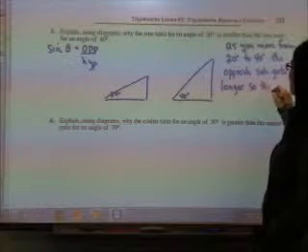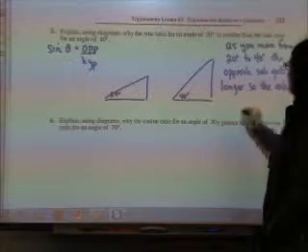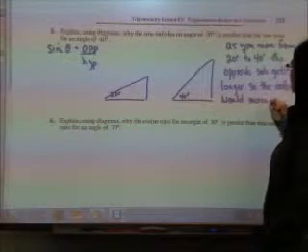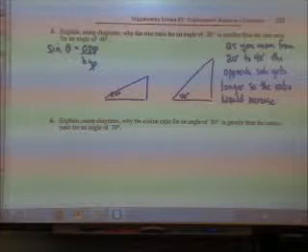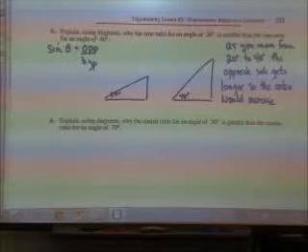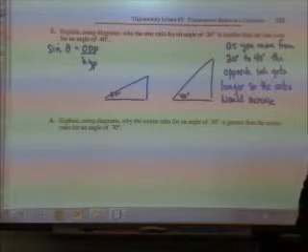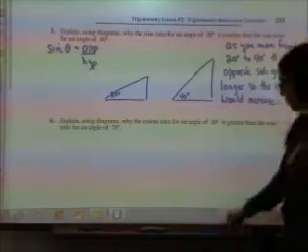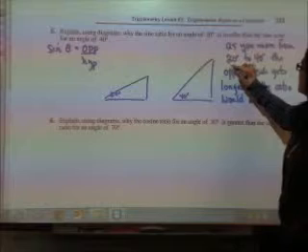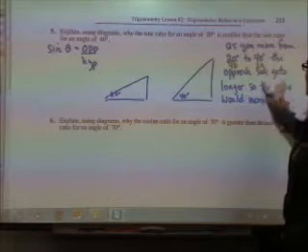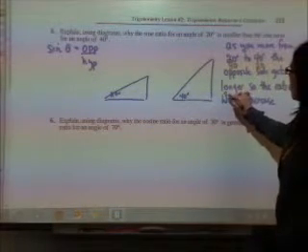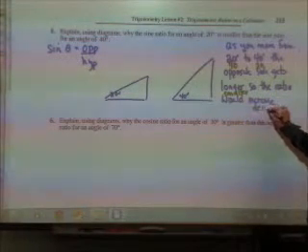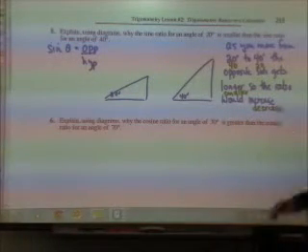So the ratio would increase. So I guess because we're supposed to be going from 40 to 20, it would be going the opposite way. As you go from 40 to 20, the opposite side gets smaller. So the ratio would then decrease.